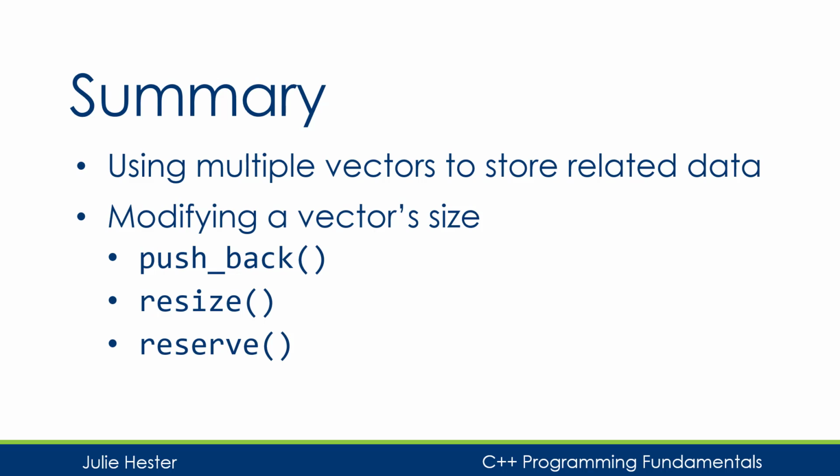Reserve sets aside space for more elements. And we saw the difference in the size function and the capacity. Size tells us how many elements are in a vector, but capacity tells us how much space we have set for that vector and how many elements the vector can hold.